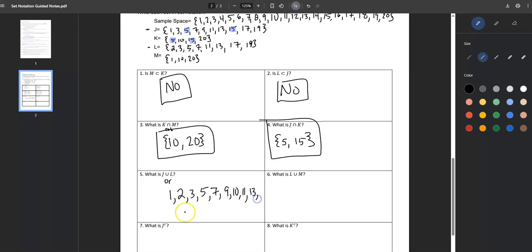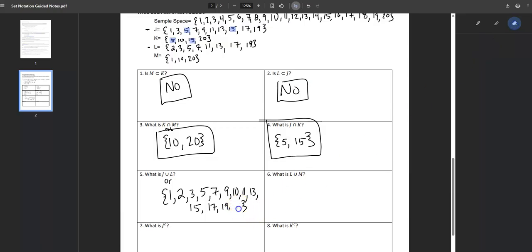13. So I'm going to do this down here. 15, 17, 19, and 20 with those curlies. So I'm going to put anything that's part of one or the other down here. Whoops, no 20 though. Let's look here, no 20. Sorry about that.